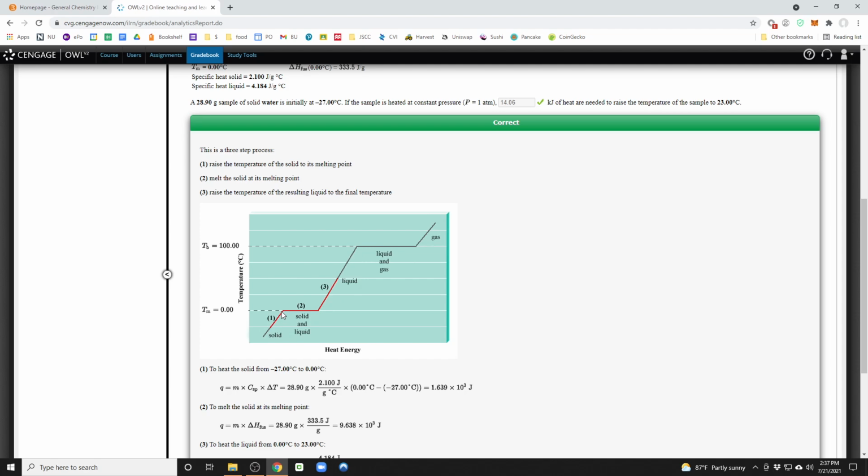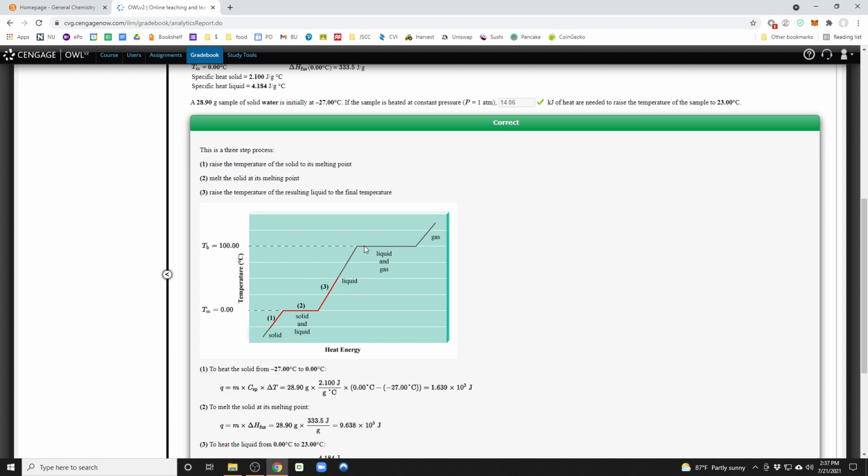So you start off as solid, you heat it up, the solid will then melt to liquid, and that's this right here, phase change.